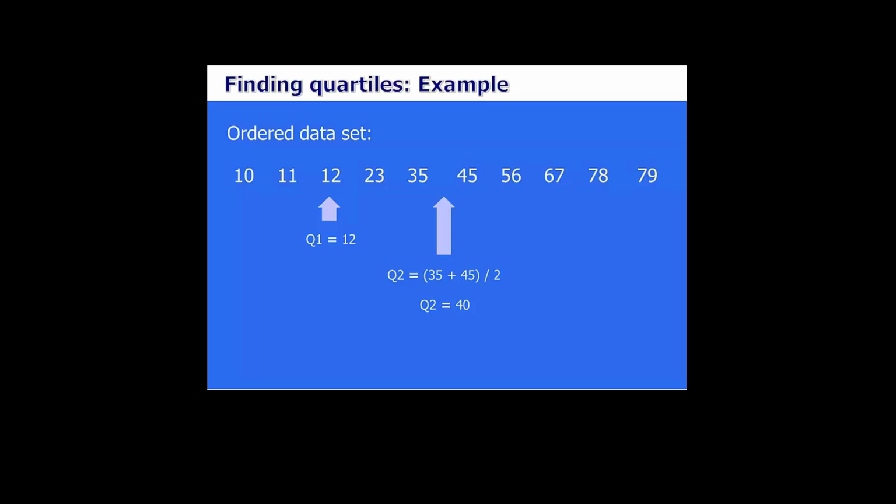And finally, we find Q3, which is the median of all the values above Q2. So Q3 is the median of 45, 56, 67, 78, and 79, which is the middle value, 67.